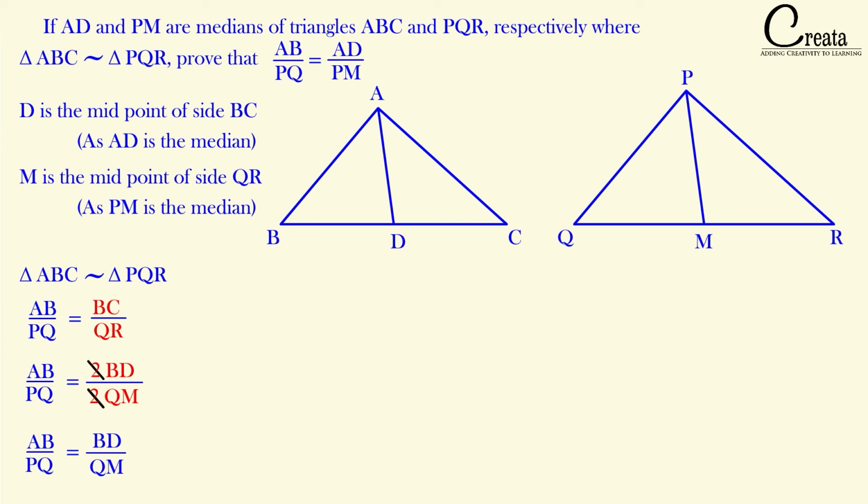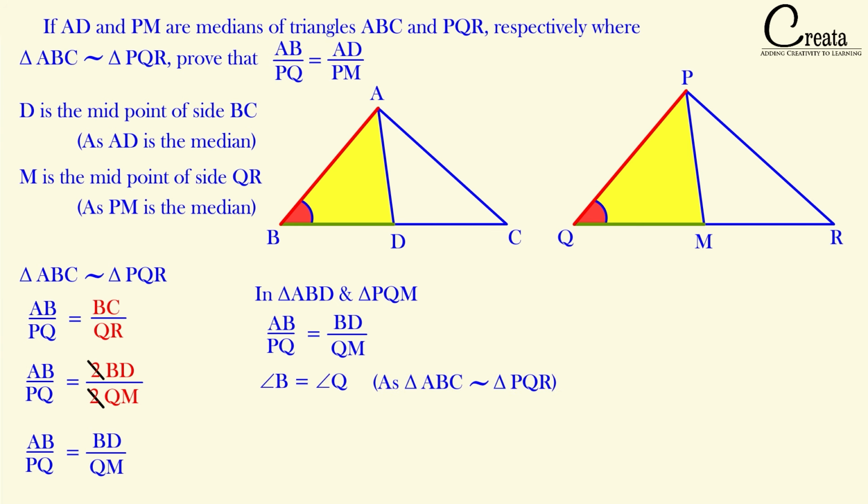Further, let's take triangle ABD and triangle PQM and try to prove both triangles similar to each other. Just now we have seen AB upon PQ is equal to BD upon QM. That is, the ratio of two corresponding sides are equal. And also the angles in between these two corresponding sides, that is angle B and angle Q, are also equal to each other, because these two angles are the corresponding angles of triangle ABC and triangle PQR, which are already given as similar.